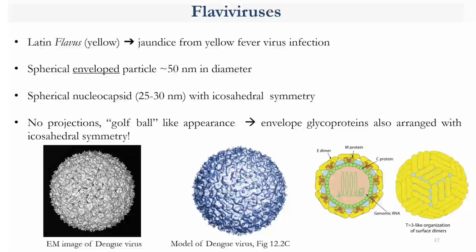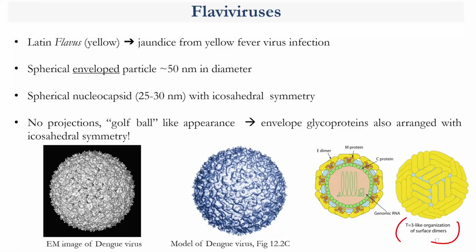So here's your M protein, your C protein, you have a dimer of E proteins, and here's your genomic RNA. But look at how the glycoproteins are arranged. Rather than as spikes, in this case, they are arranged in, again, icosahedral symmetry, and that gives the virus its smoother surface, okay? The T number is 3, okay?